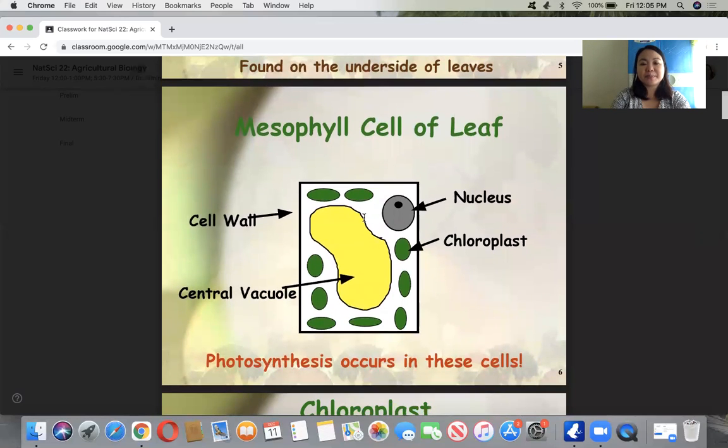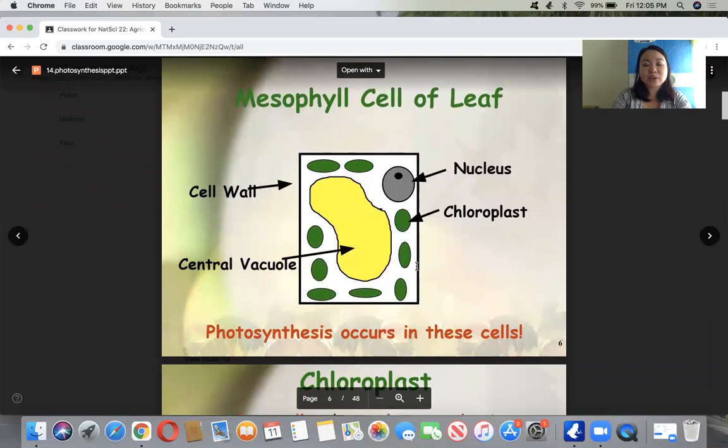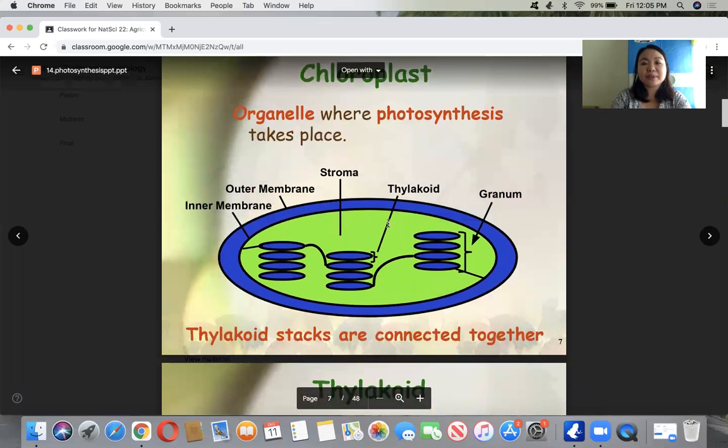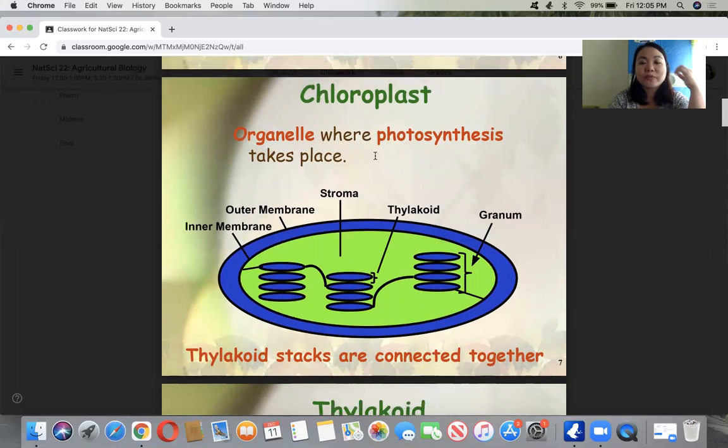So this is typically the mesophyll cell of the leaf: the cell wall, the nucleus, the chloroplast, and the central vacuole. And photosynthesis occurs in these cells, of course. And this is a typical feature of a chloroplast. It's the organelle where photosynthesis takes place, composed of the inner and outer membrane, the stroma, the thylakoid, and the granum.